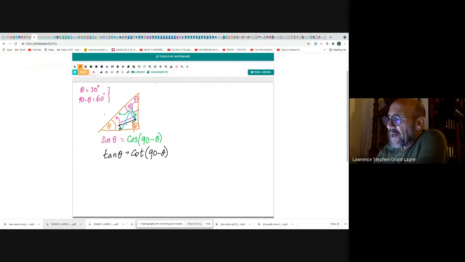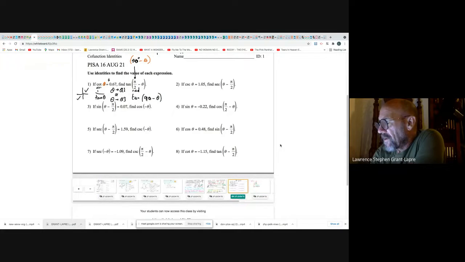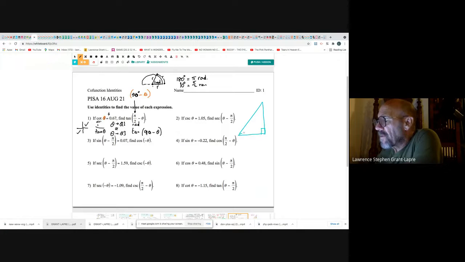Okay, so let's go back. That principle is pretty important in this question. If I draw a triangle and I put theta here, this one is 90 minus theta, or pi over 2 minus theta.